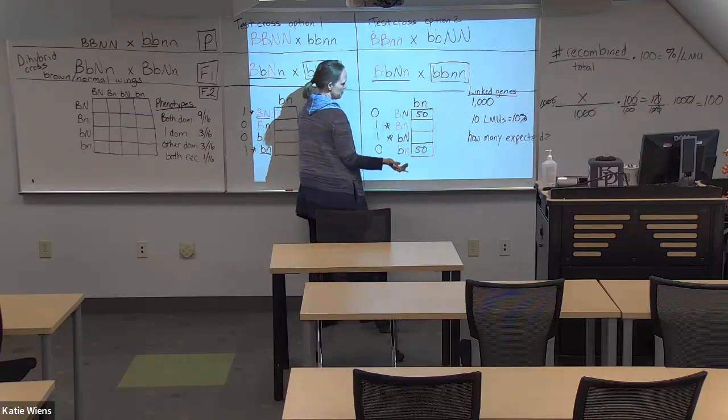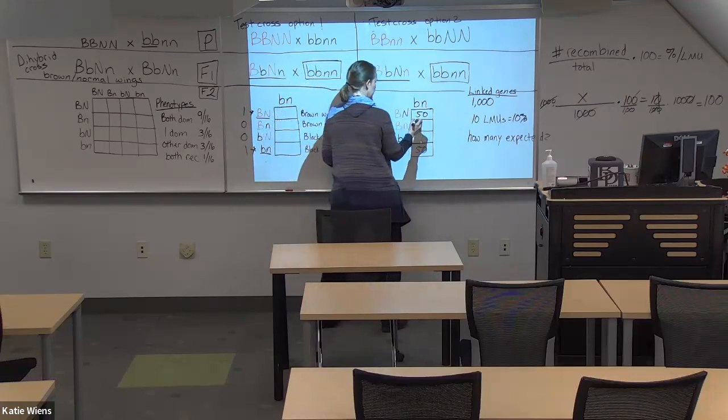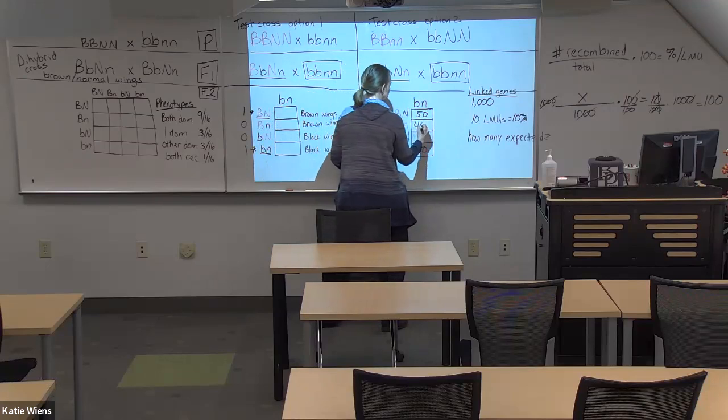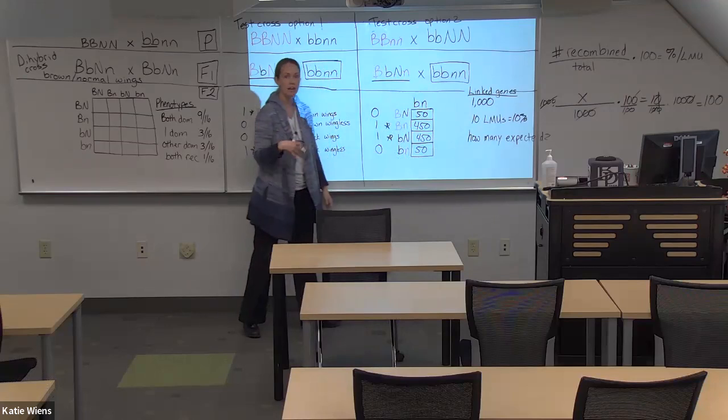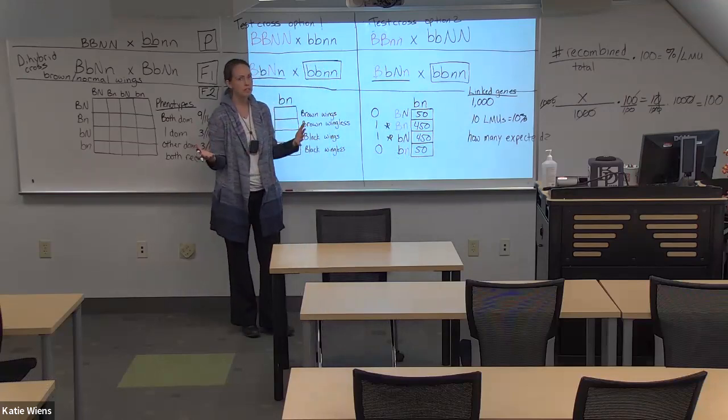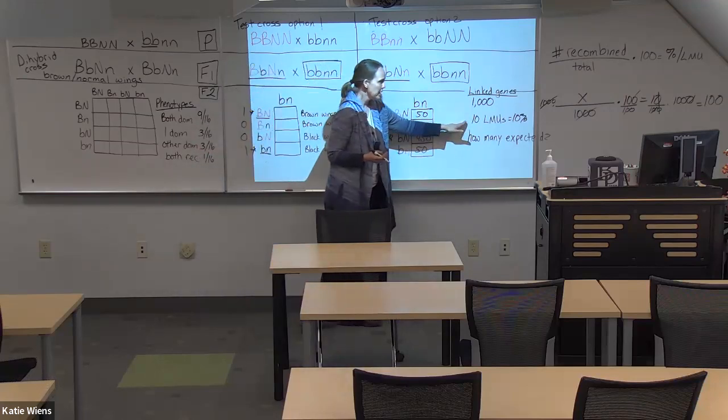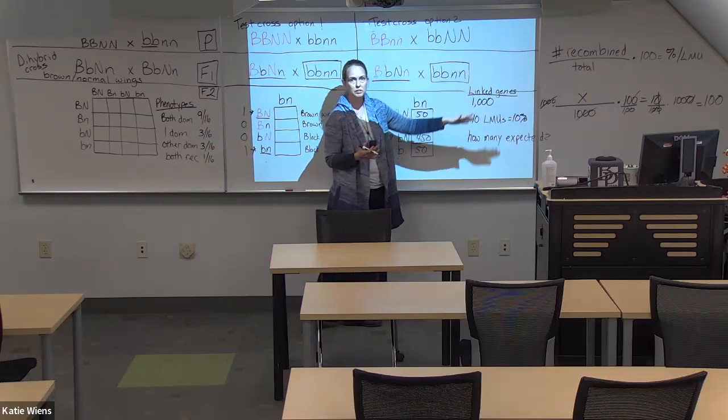And then the remaining, I have 900 left. 900 divided by 2 is 450. So that's how you go backwards from it. If you know they're linked and you're given the linkage map units, you have to go backwards with the math.